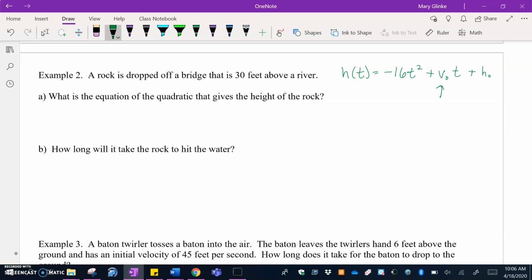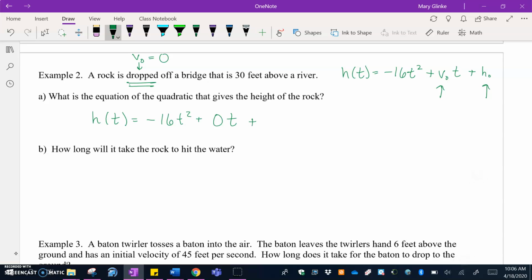We need to figure out our initial velocity and our initial height and plug those in. Our equation is going to look like h of t equals negative 16t squared plus our initial velocity. Since our rock is dropped, our initial velocity is going to be 0.